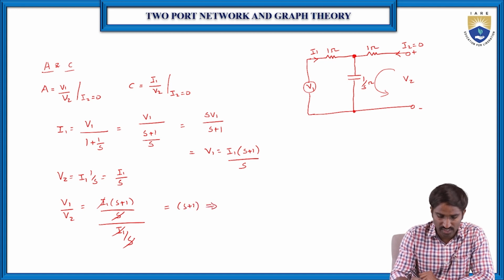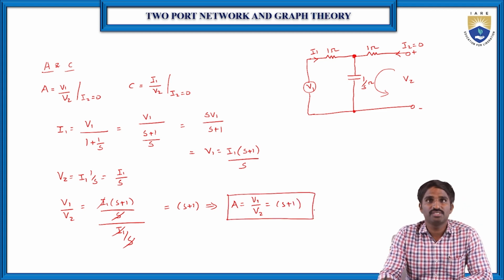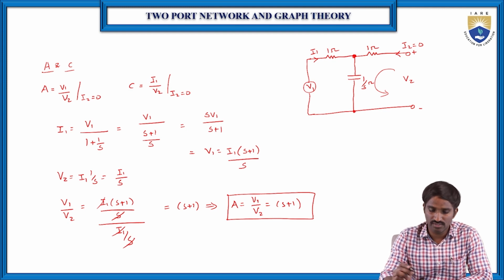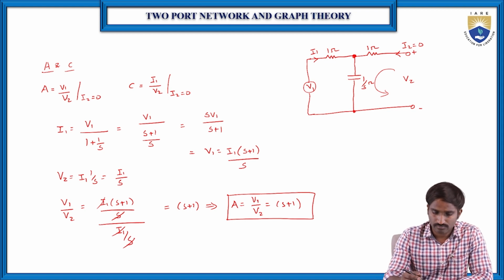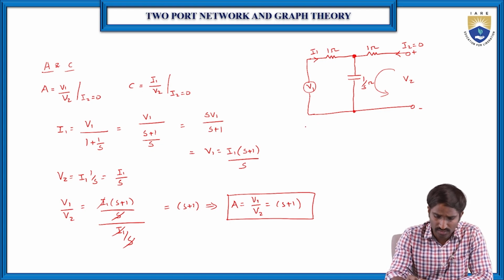So the parameter A is equal to V1 by V2, which is equal to S plus 1. This is how we can find the parameter A. In the same way, we can find the parameter C, which is equal to I1 by V2.